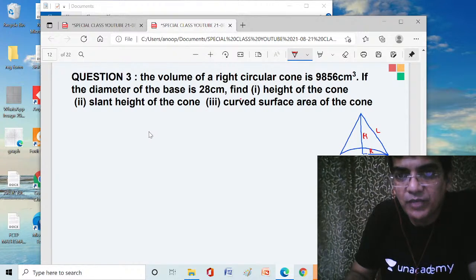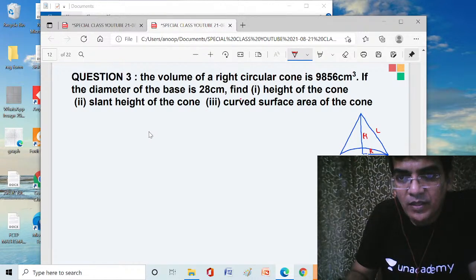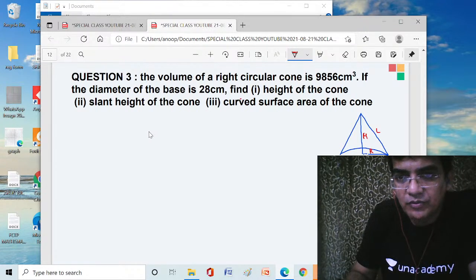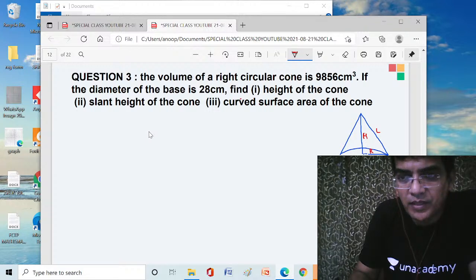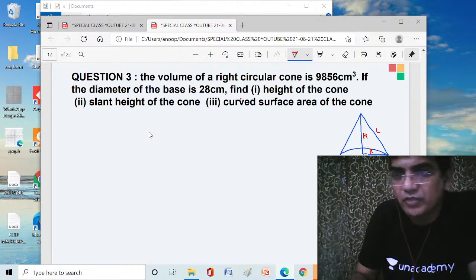Next, you have to remember the formula for the volume of cone. So volume of cone is 1 upon 3 pi r square h.